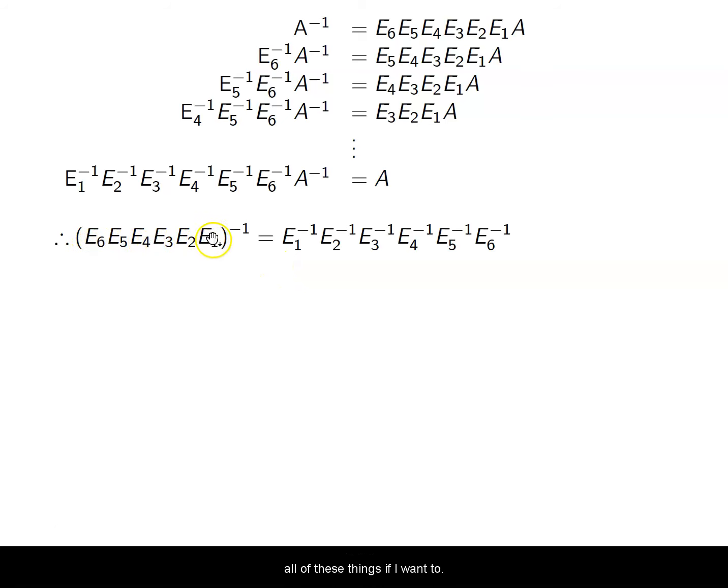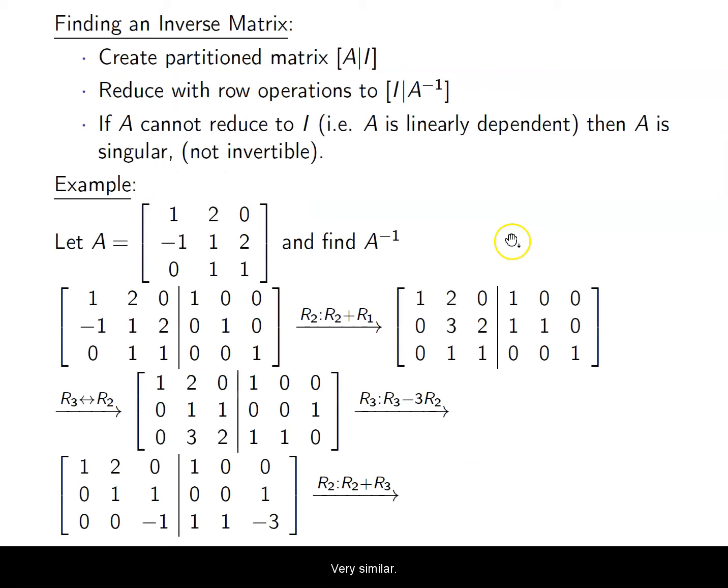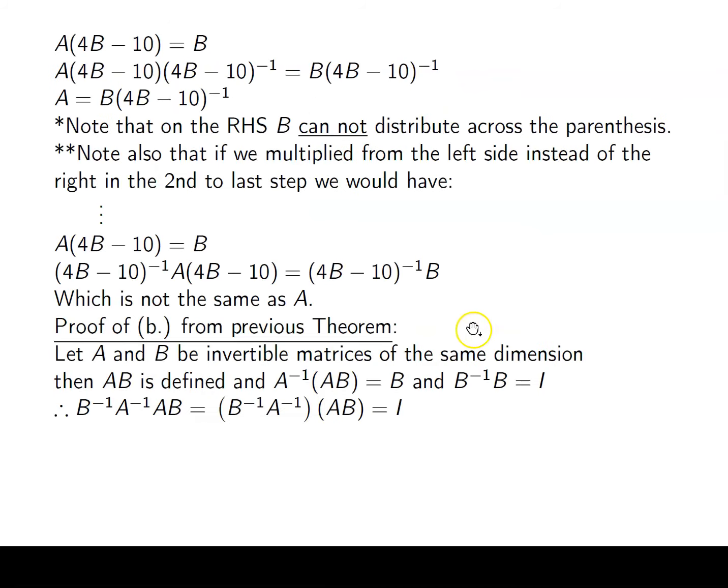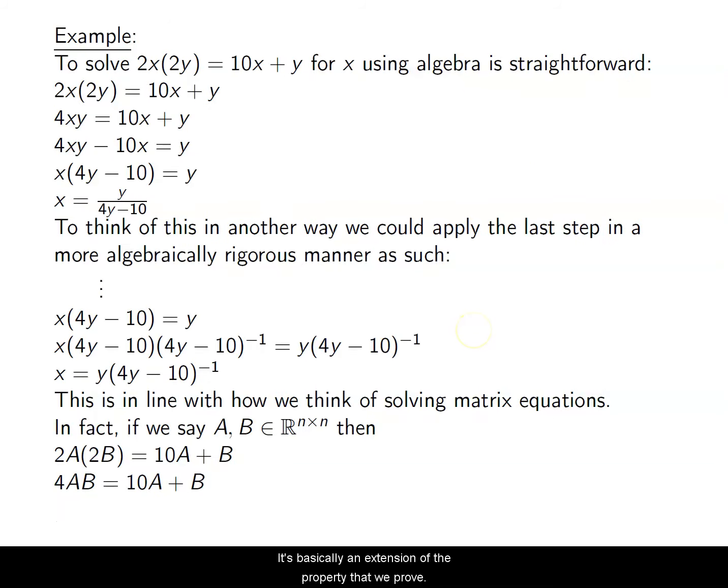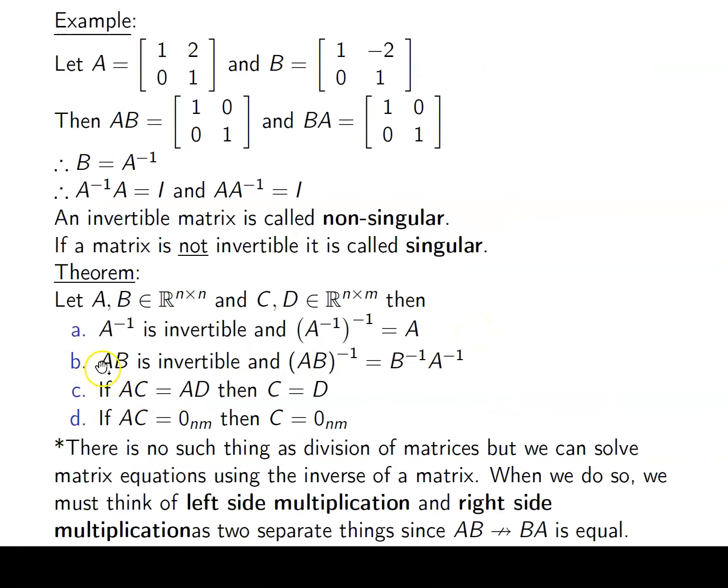If I have all of these things, if I want to change them around, right, an equality would be E6 inverse, instead of being at the end, being at the front. And E1 inverse, instead of being at this end, being at this end instead. And the order of all of them swap out, right? That was very similar, or it's basically an extension of the property that we proved: A and B both being invertible, the product being inverted, you swap the order.